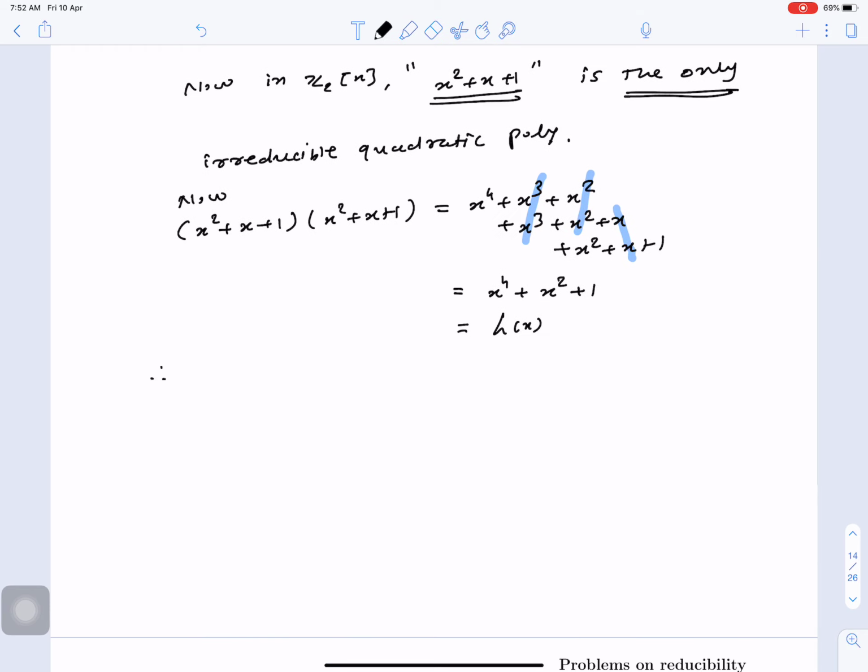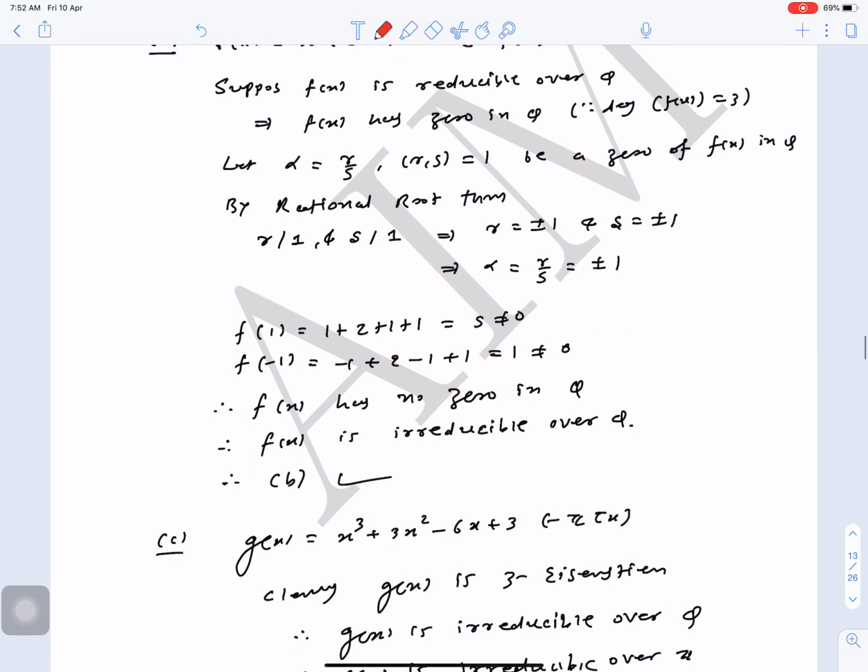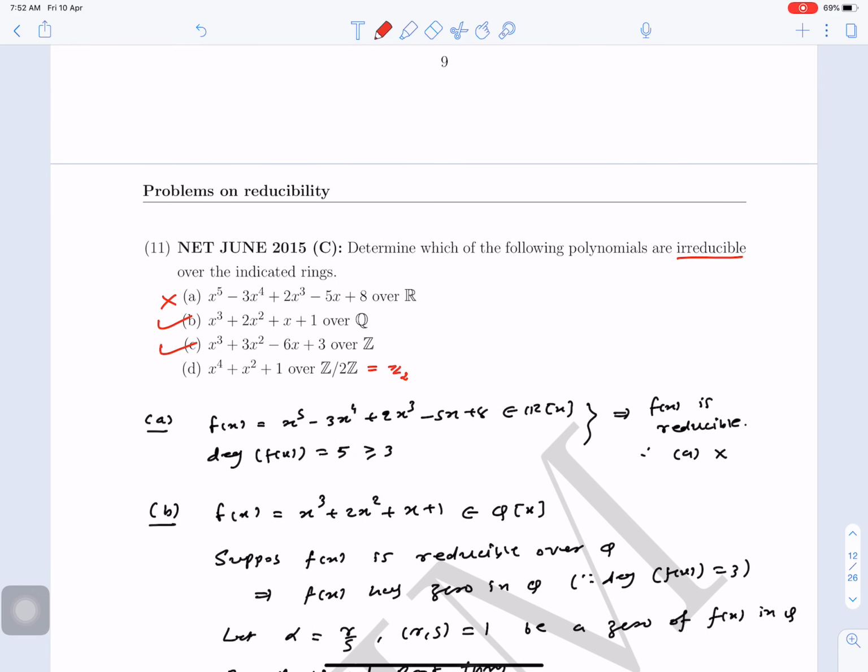So therefore h(x) is reducible over Z2. But we are interested in irreducible, so option D is wrong.